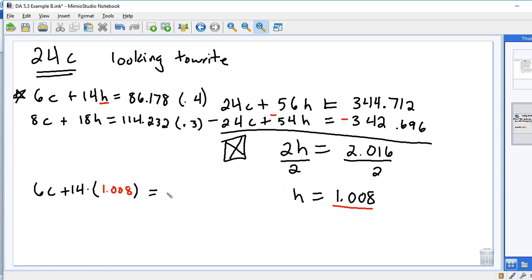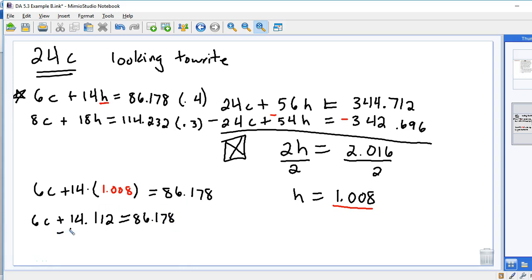And that's going to equal 86.178. All right. So if we get 14 times 1.008, you get 14.112. So we have 6C plus 14.112 equals 86.178. All right.